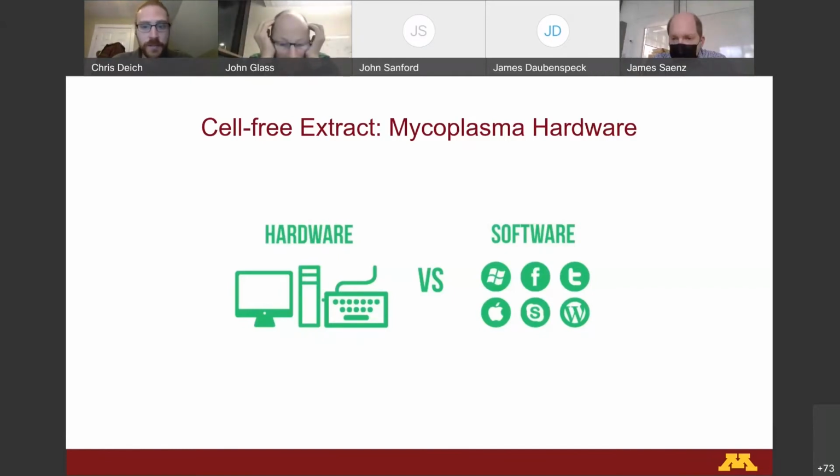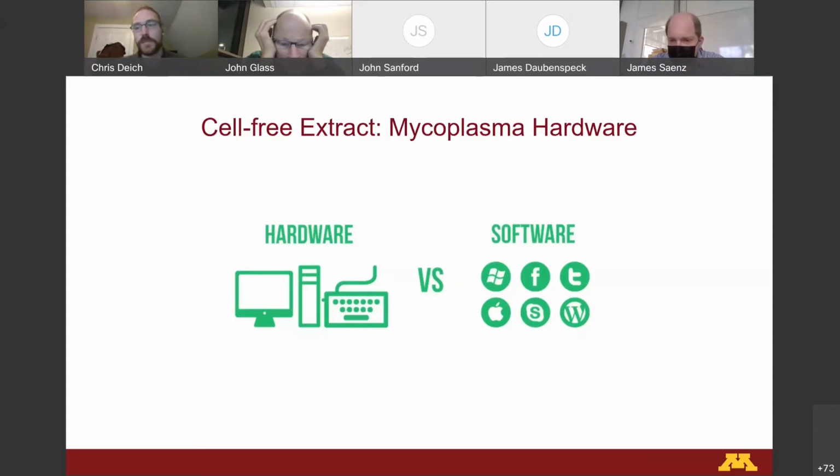The Syn 3.0 genome is analogous to the software used to boot up a computer. We need the creation of compatible hardware to boot up the synthetic cell. That requires a cell-free extract made from a phylogenetically close relative. Presumably this is because the software of your donor genome has to be capable of interacting with the machinery in the recipient cell cytoplasm.